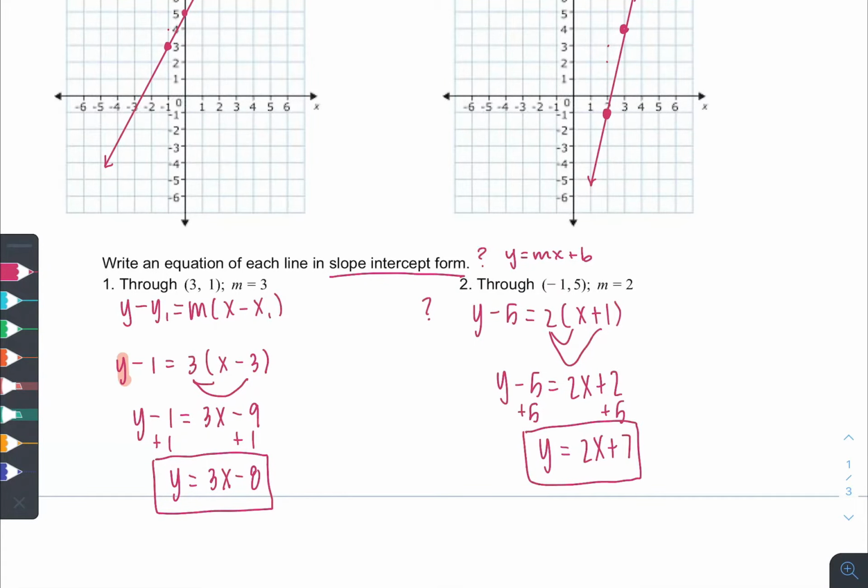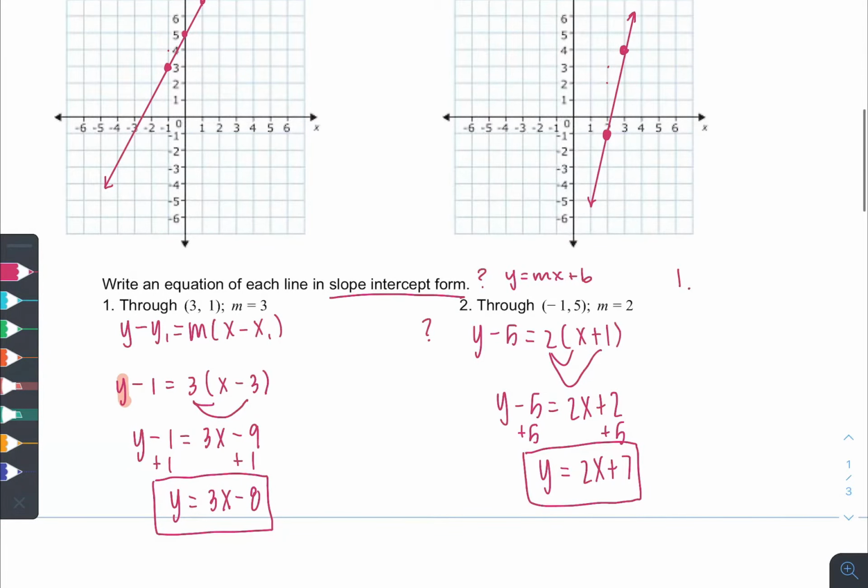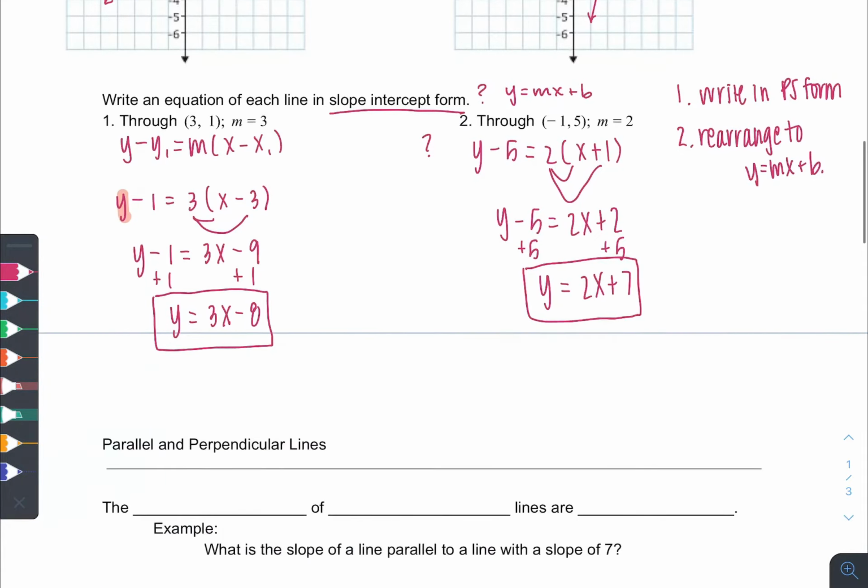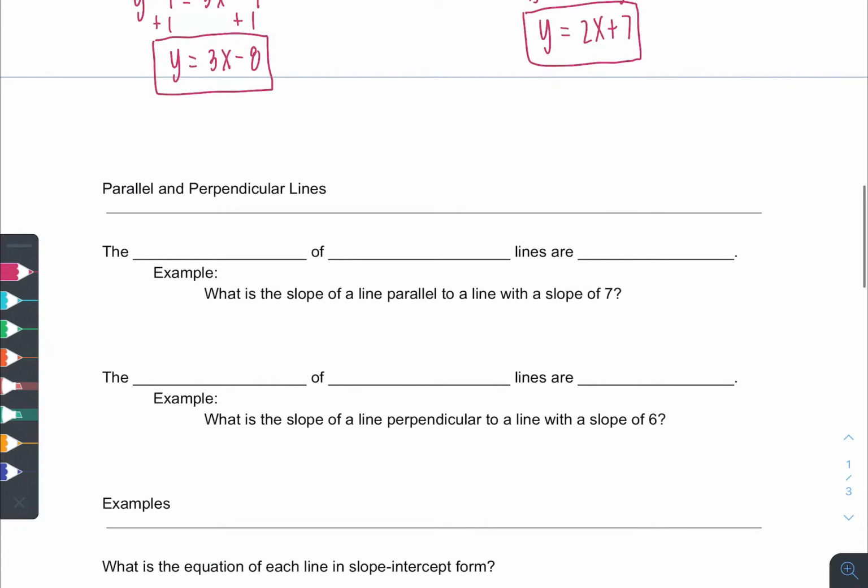So it's literally just writing it in point slope form and then rearranging to y equals mx plus b. Okay, so now we're going to talk about parallel and perpendicular lines.